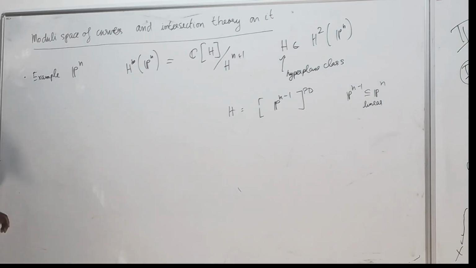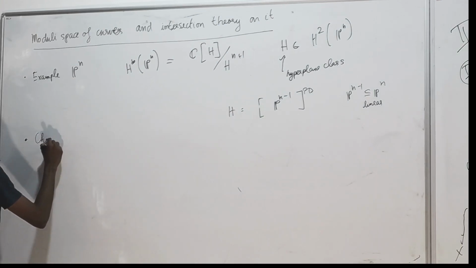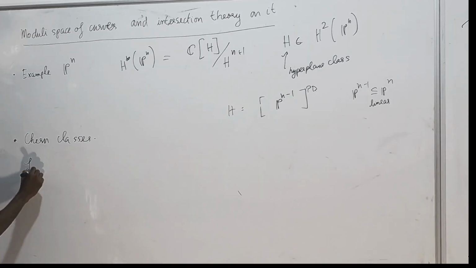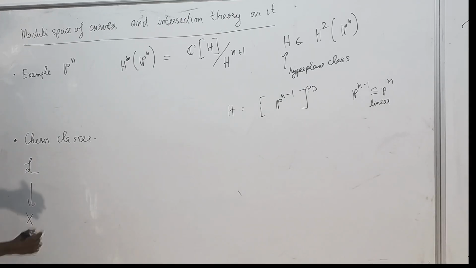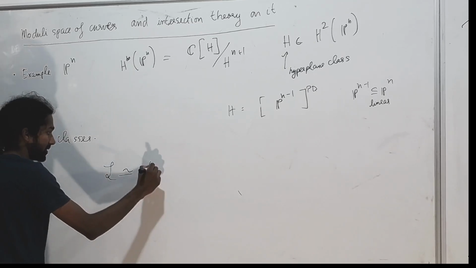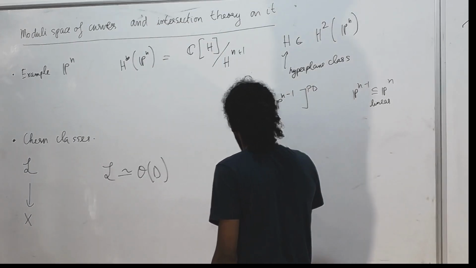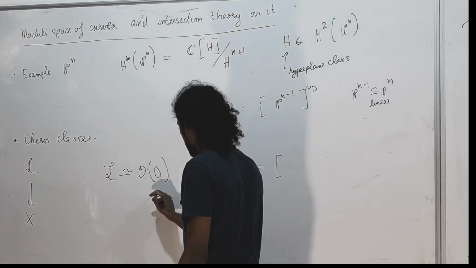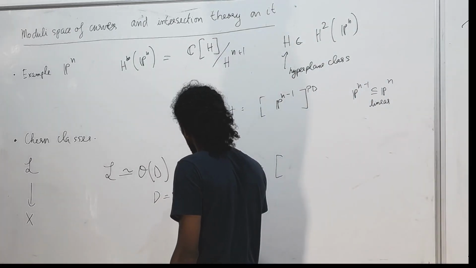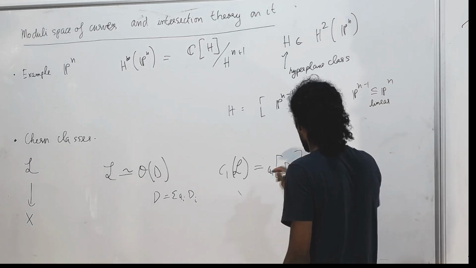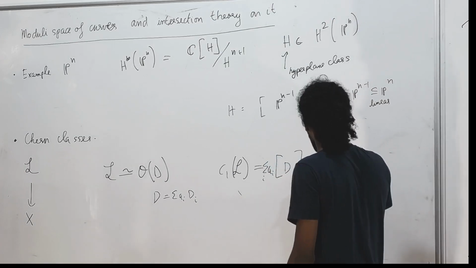And I need to also say something about Chern classes. If you're comfortable thinking about it algebro-geometrically, then a line bundle on a variety is given by some divisor, something like the sum of a_i D_i. The first Chern class of this line bundle you'll just think of as the class of the divisor, in H2.